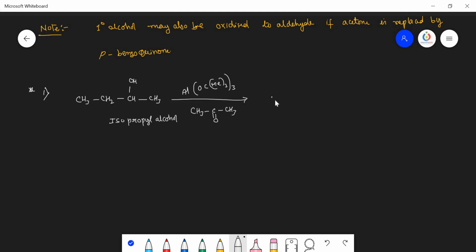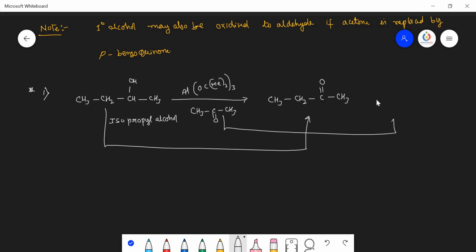So this shall be oxidized to the CH3, CH2, C double bond O, CH3. So this is oxidized to the ketone, and this shall be reduced to the alcohol, CH3, CH, OH, CH3. So this is oxidized, this is reduced.